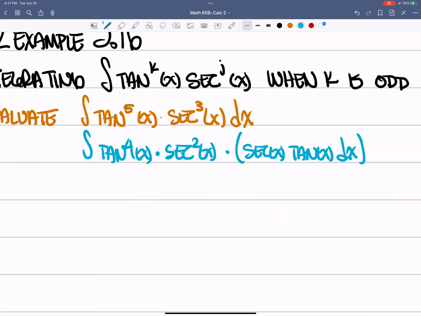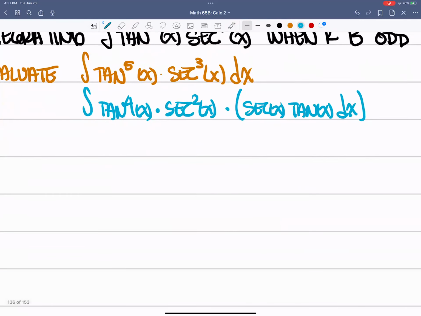That's going to end up being our du. For the future, we said that u is going to be equal to secant x, so we want everything in terms of secant. This one is good. Let's turn the rest in terms of secant.